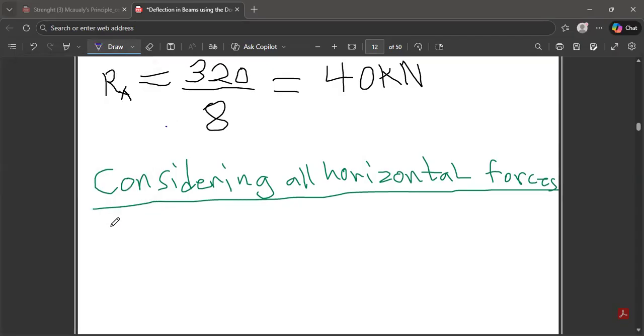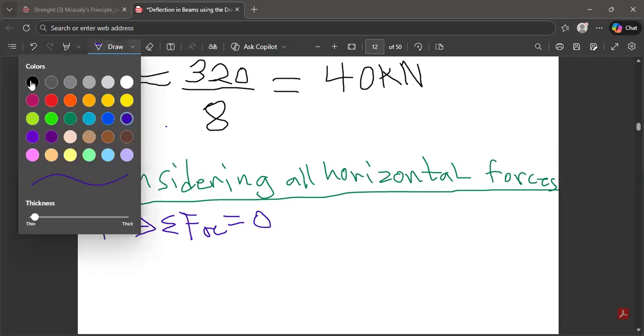We have to put down the rule, and the rule is what? If you are moving in the west, or let me say east side, you are definitely going to be positive. That is the sum of all forces moving in the x-axis, always equal to zero.